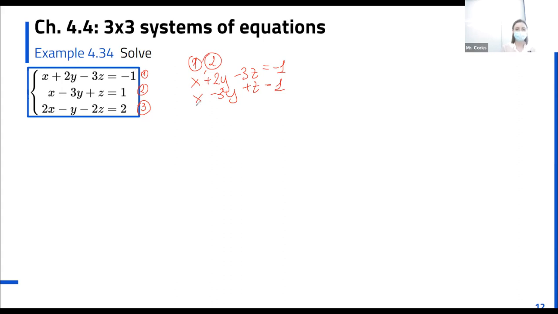We have x and x here, so we can easily get rid of it. Minus. What will we get? Here nothing. 5y, and minus 3z minus z, minus 4z. And 1 minus 1, minus 1 minus 2. Our fourth equation.